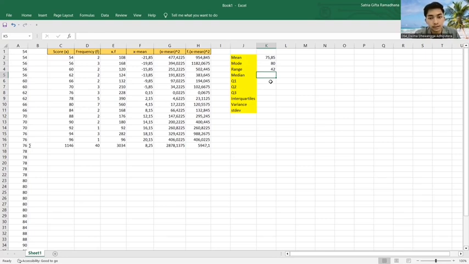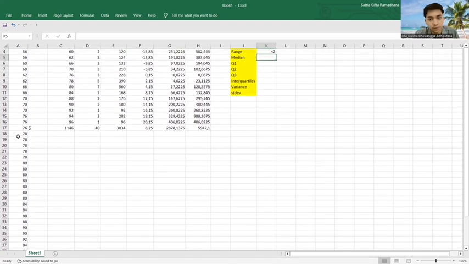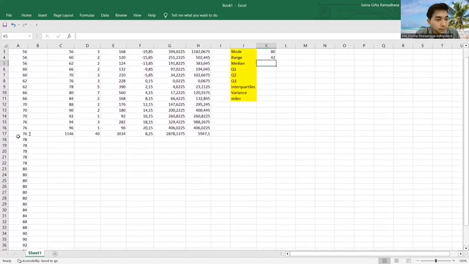Median is the middle data. So let's see here, we have 40 data. So the middle data of 40 is 20. Because it is even, we have to add the 20th data with the 21st and then divide it by 2.